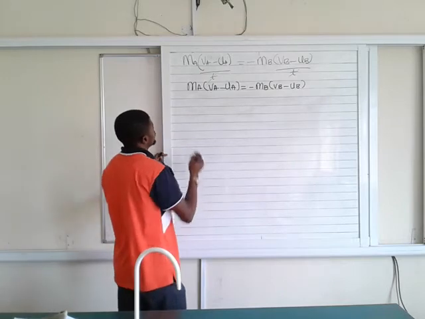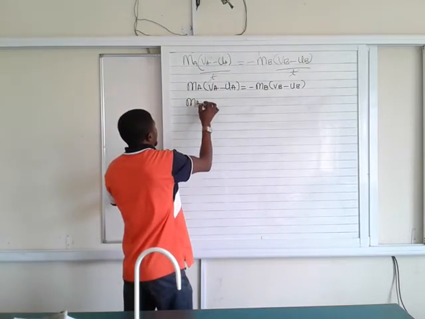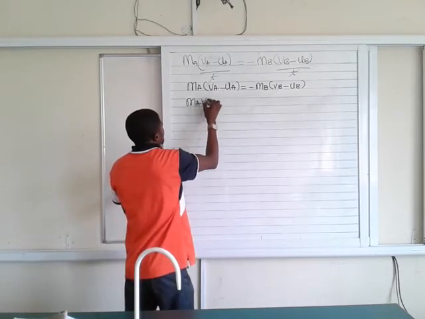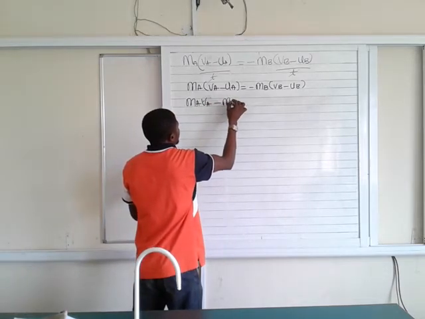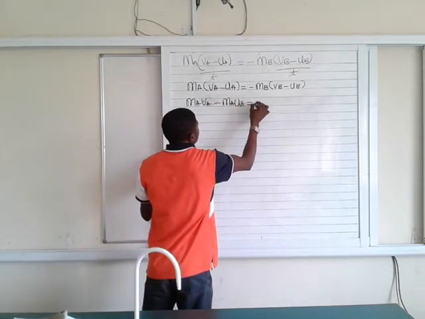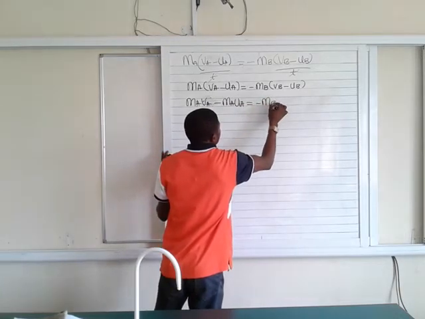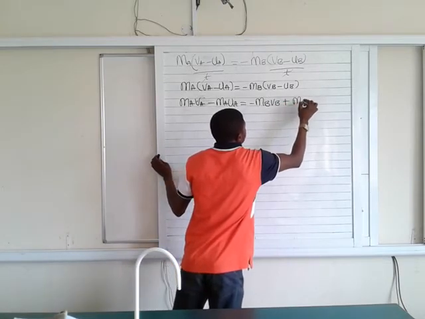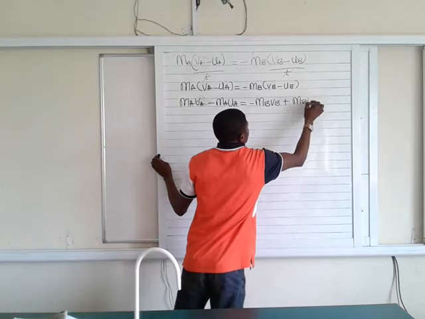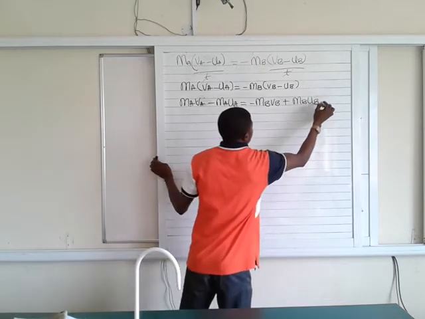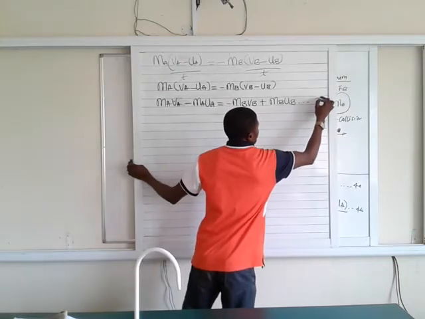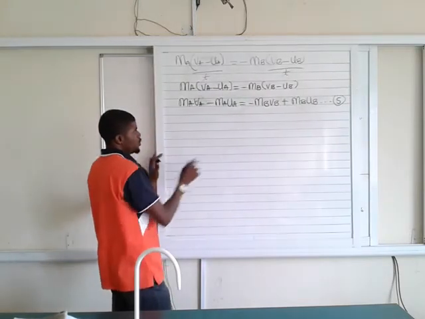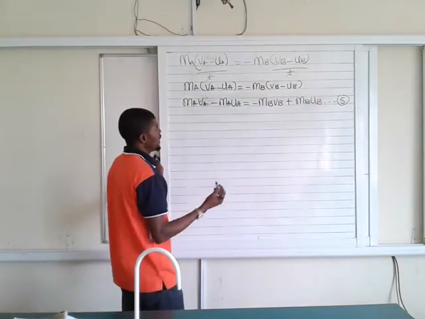You open the brackets, so we have MA VA minus MA UA is equals to minus MB VB plus MB UB. Call this equation number 5. From here, we go this way, equation number 5. So we collect like terms.